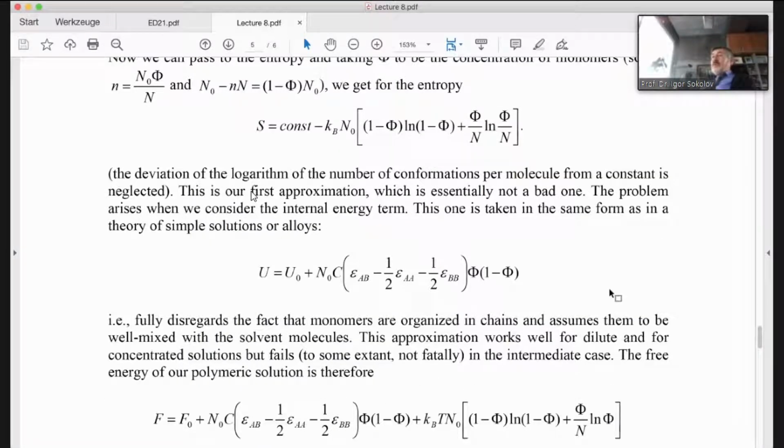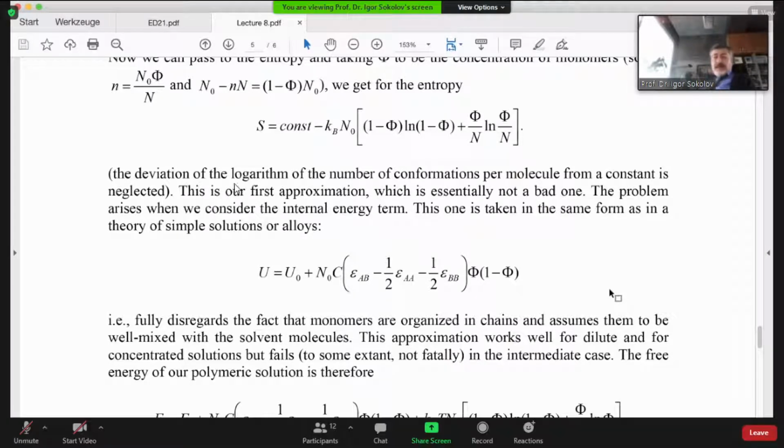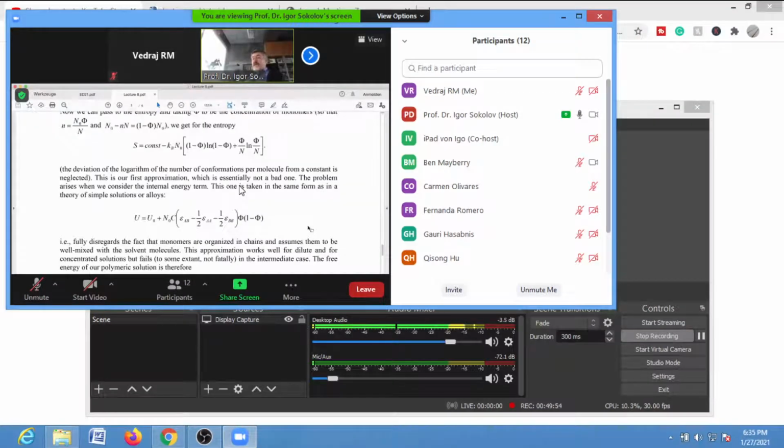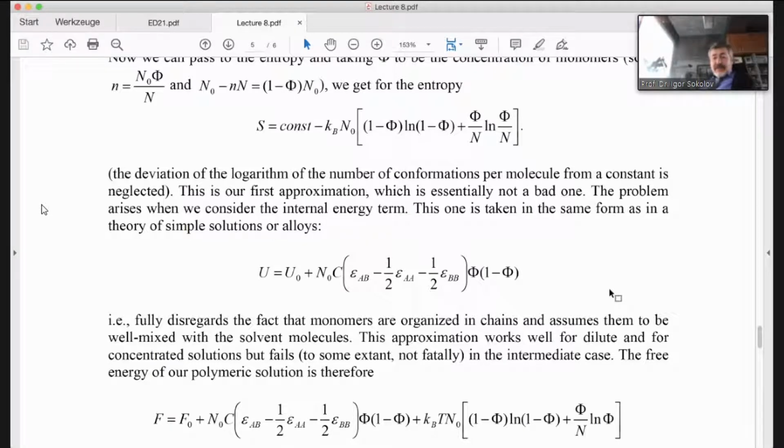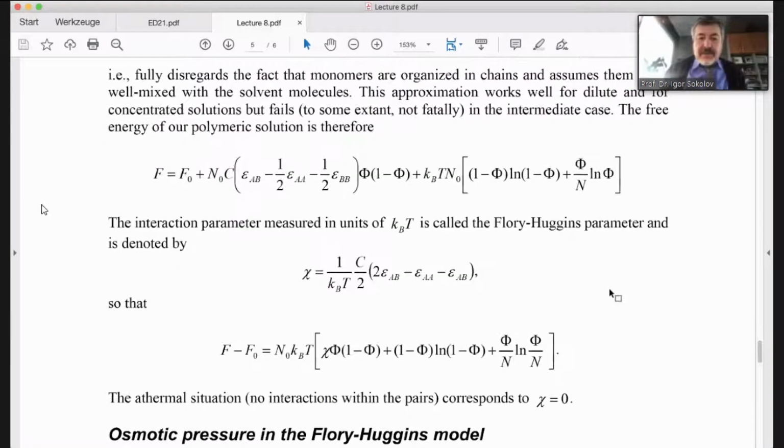And as it is often the case, somehow grave errors compensate. So you do very, very rough approximations, but at the end, you obtain something which is okay. It's not exact, but it is of great simplicity. And then you understand what happens, and then you can go into minor details, into making perturbations, and so on and so forth. So now we have our expression for the free energy.